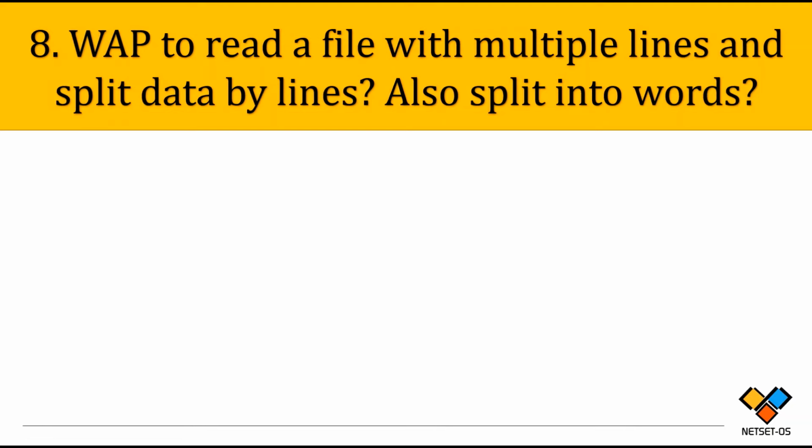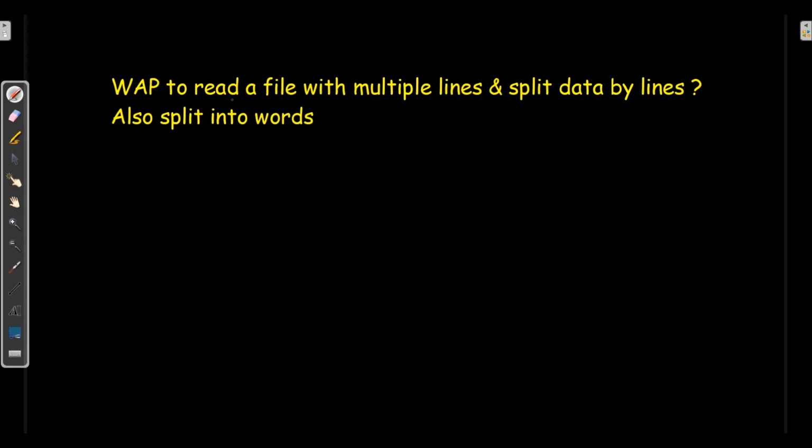The eighth question is, write a program to read a file with multiple lines, as well as split data by lines and also split into words. So here we need to write a program for this task. We have three operations to do.